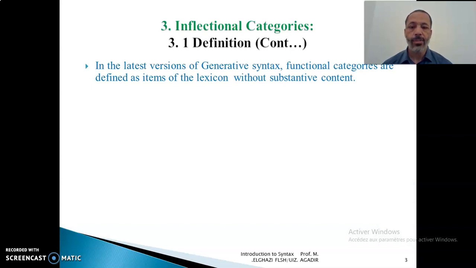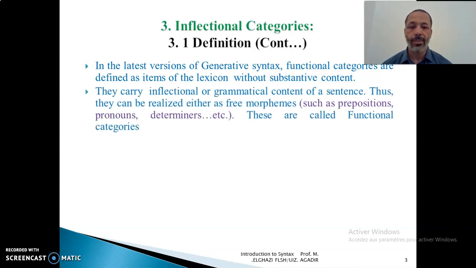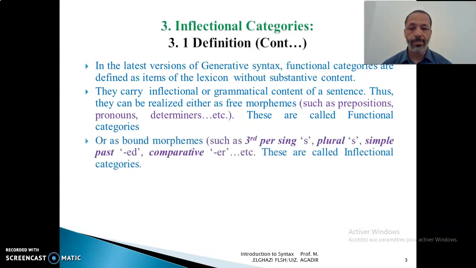In the latest versions of generative syntax, functional categories are defined as items of the lexicon without substantive content. They carry inflectional or grammatical content of a sentence. Thus, they can be realized either as free morphemes, such as prepositions, as we have seen, and pronouns, determiners, and these are called functional categories.